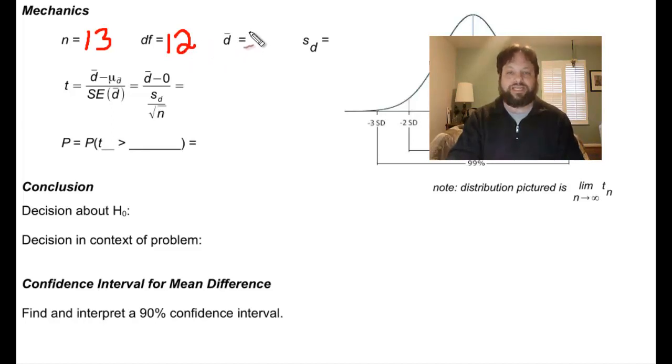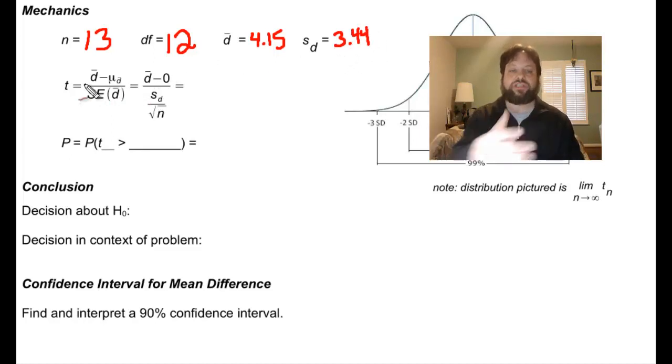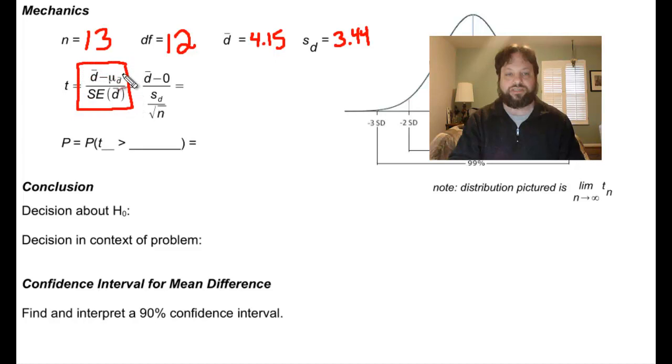As far as our mean difference, of course, we saw that on the spreadsheet, or you can use your 1-Var Stats in your calculator to find that. The standard deviation of those differences in that sample, again, was on the spreadsheet or in the calculator, 3.44. And with that, we're good to take a look at this. Now, this t-score formula is not as bad as the 2 sample t-score formula.